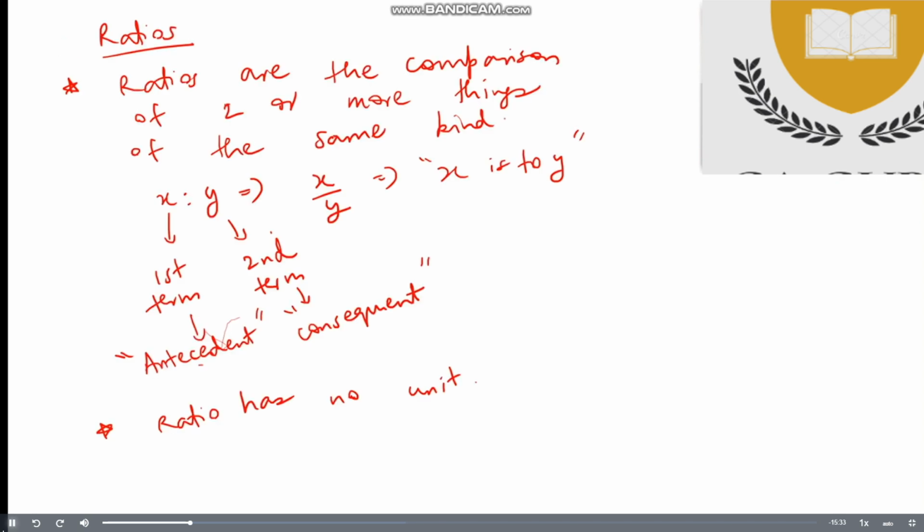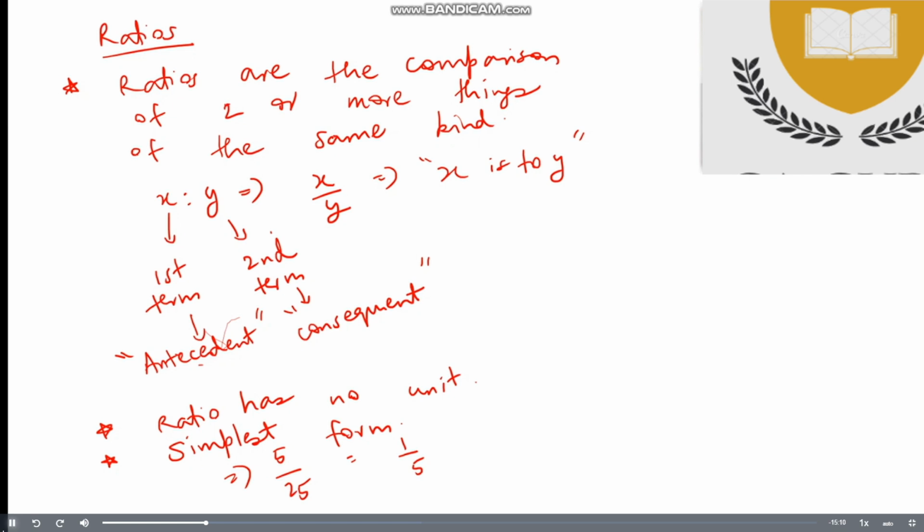Some more things which need to be mentioned here: ratio is to be expressed in the simplest form. Again, it is a revision. For example, if I say 5 by 25, I need to express it as 1 by 5.